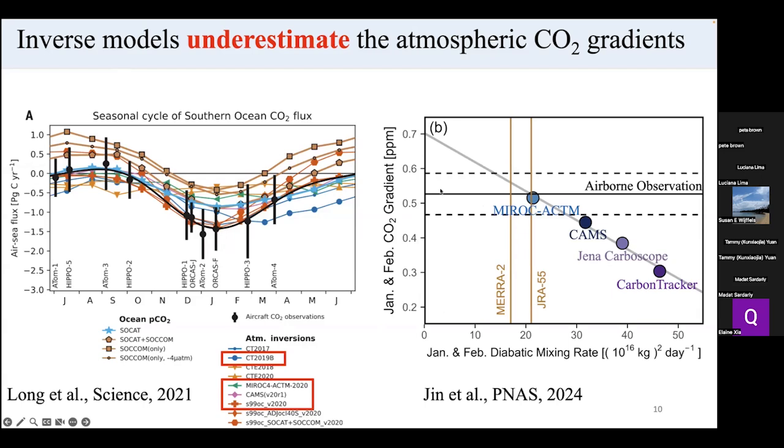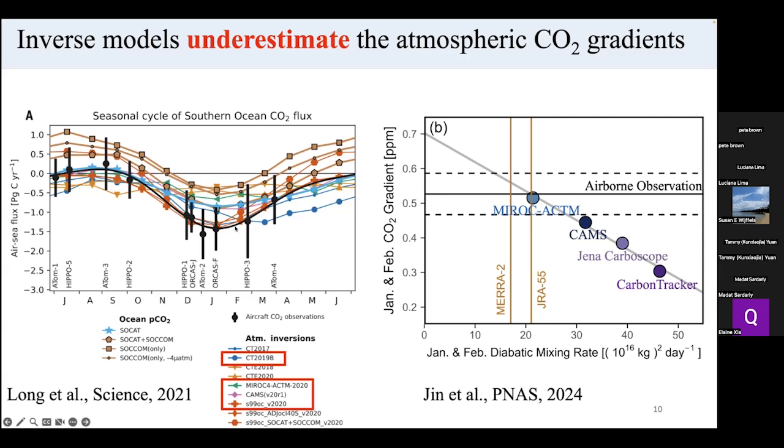The metric I was looking at is the CO2 gradient across isentropes in the atmosphere. The bias in CO2 distribution in models is mainly caused by the bias in tracer transport models used in these inversion systems. And the bias in models also leads to bias in the inverted flux over the Southern Ocean, especially in the austral summer.